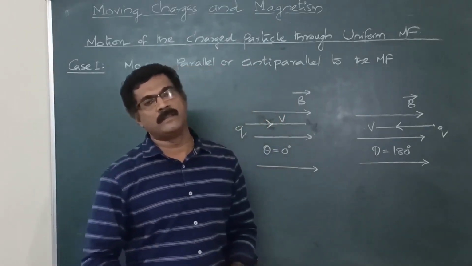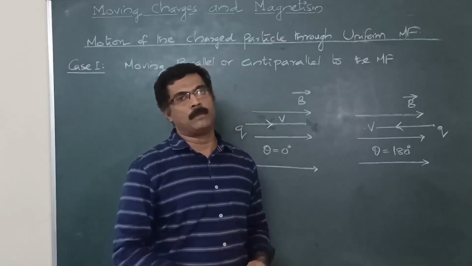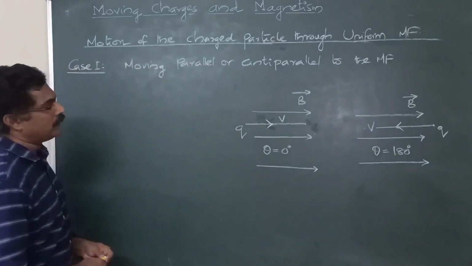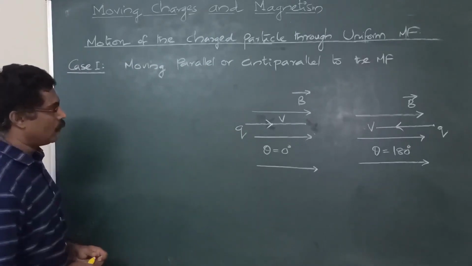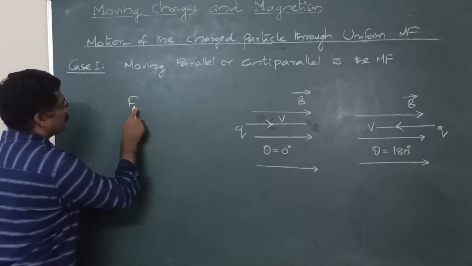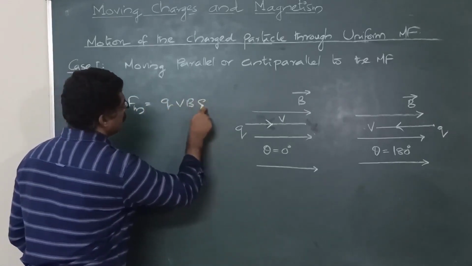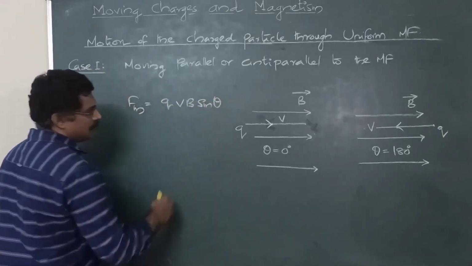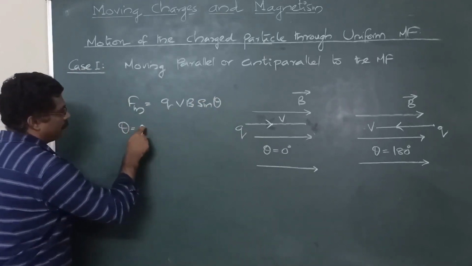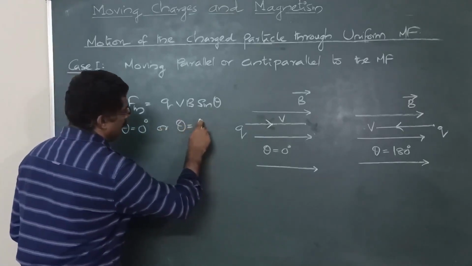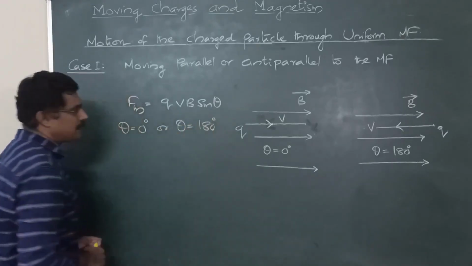I already explained that this type of problems can be solved by finding the magnetic Lorentz force, because the only force acting is the magnetic Lorentz force. So we have the equation for magnetic Lorentz force as Fm is equal to QVB sine theta. When the charged particle is moving parallel, the angle is 0 degree, and when it is moving anti-parallel, the angle is 180 degree.